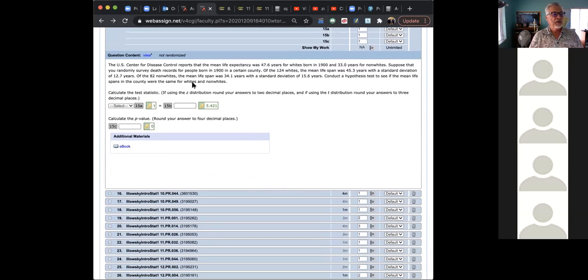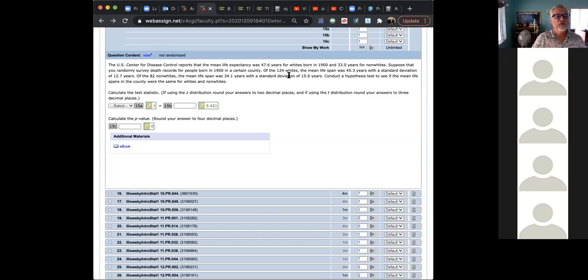Okay, the next problem, the US Center for Disease Control reports that the mean life expectancy was 47.6 years for whites born in 1900 and 33 years for non-whites. Suppose that you randomly survey death records for people born in 1900 in a certain county.